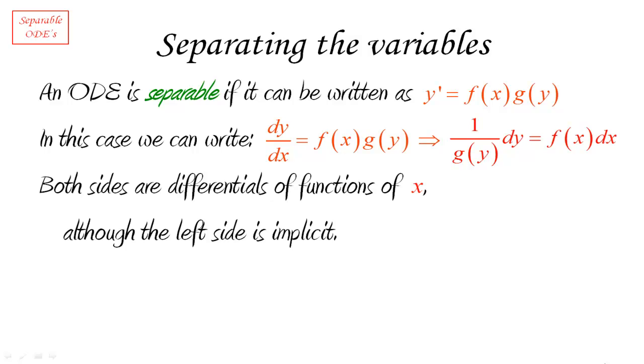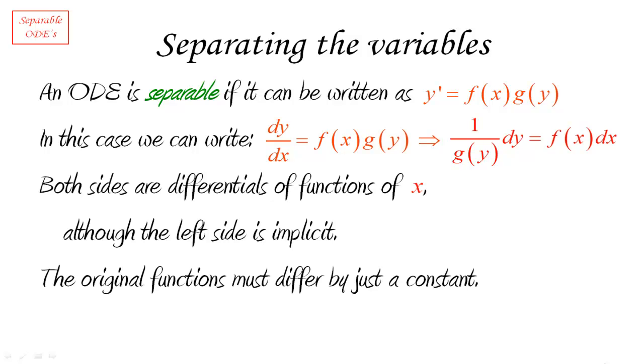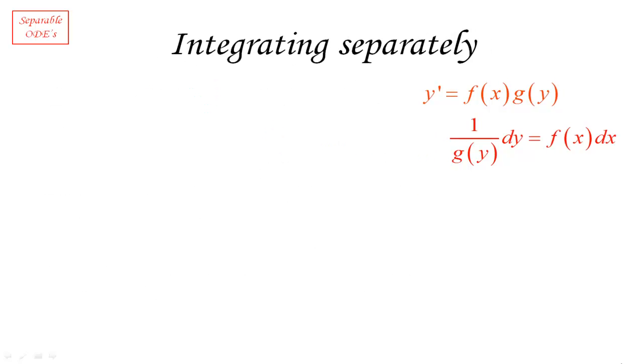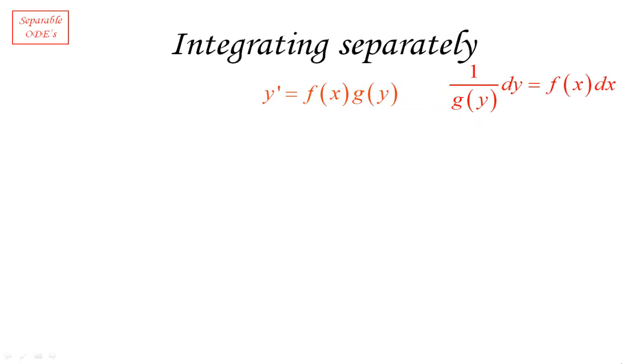But if both are differentials of functions of x, then the original functions must differ just by a constant. So let's see where we can go with this idea now that we have separated the two variables. At this point, we can find the originals by integration on both sides.